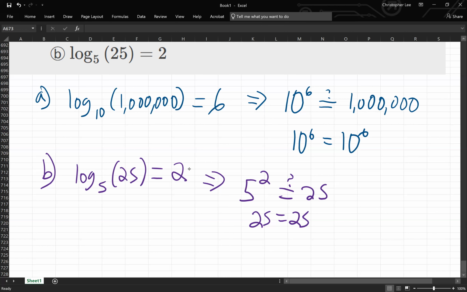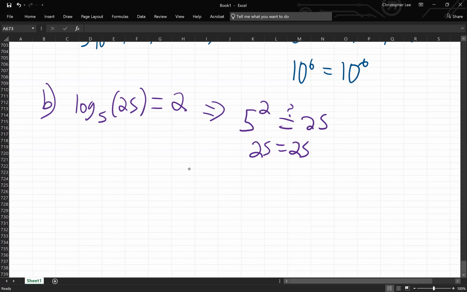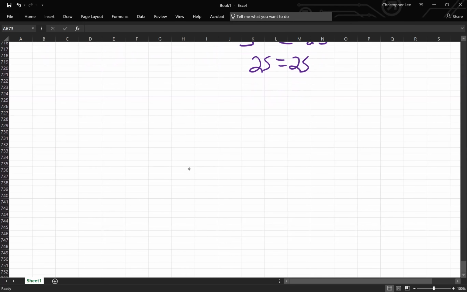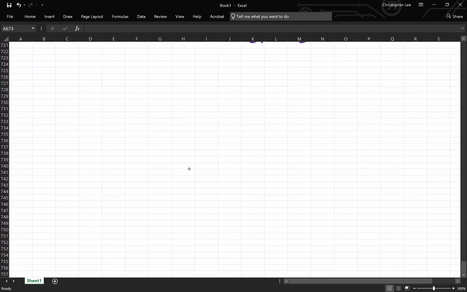I haven't really gotten to the math part yet, just rewriting. Like how to switch it over? Let me generalize it. It might make more sense. If you have log base A of B, that's going to be equal to the x power.